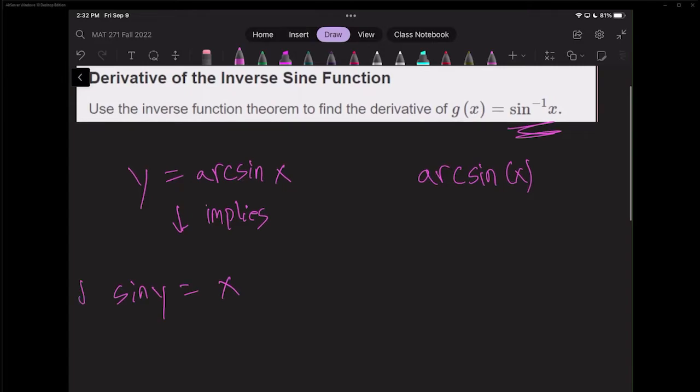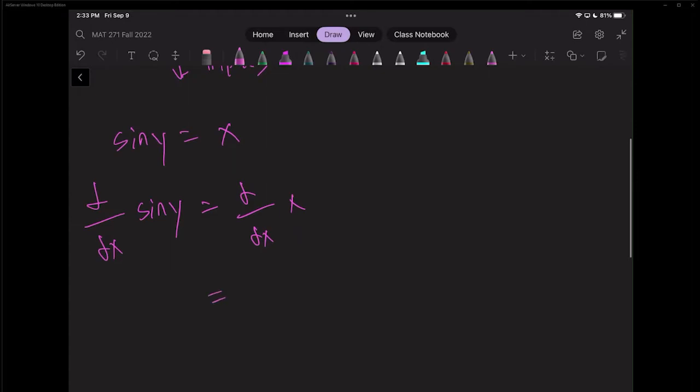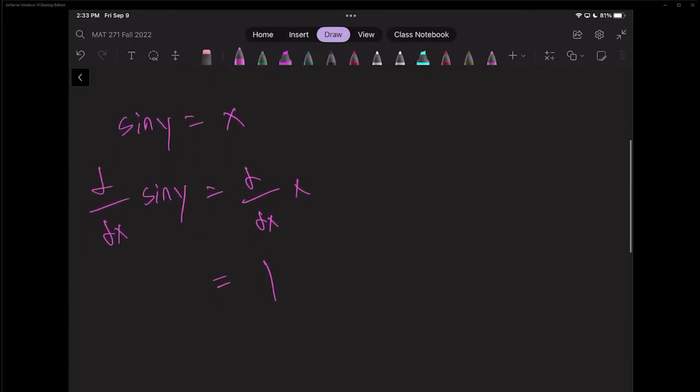Now, I can take the derivative of both sides here. I'm going to take the derivative with respect to x of both sides. The derivative of x with respect to x is just 1. The derivative of sine of y with respect to x, well, y itself is a function of x.